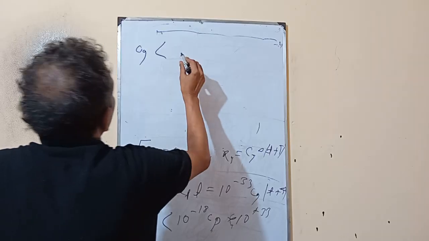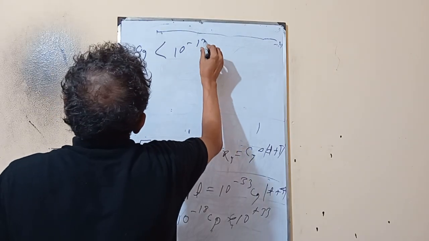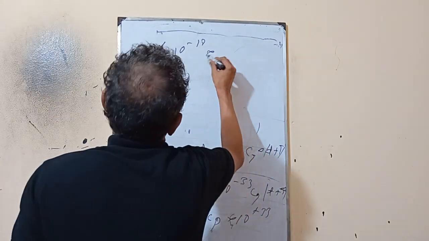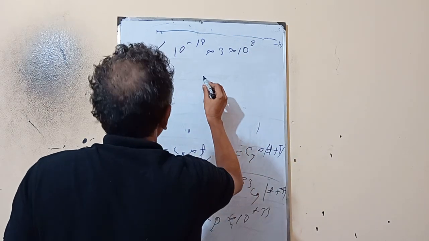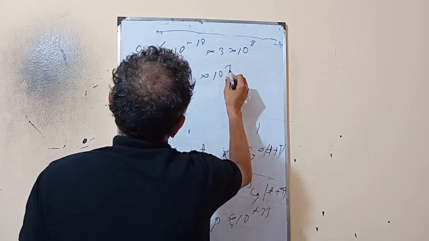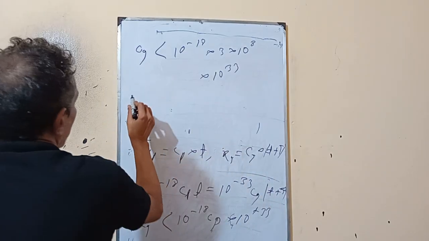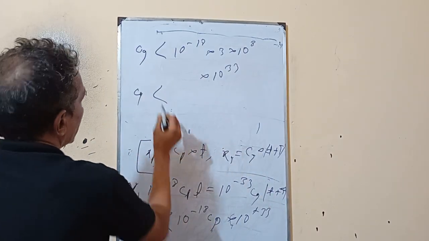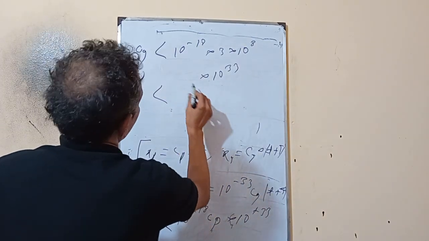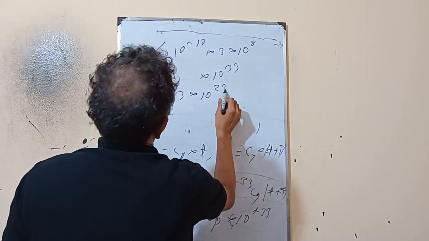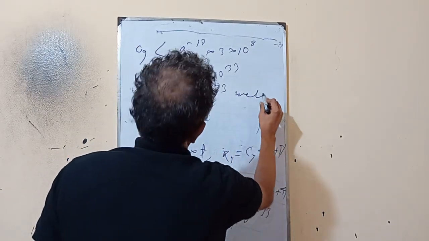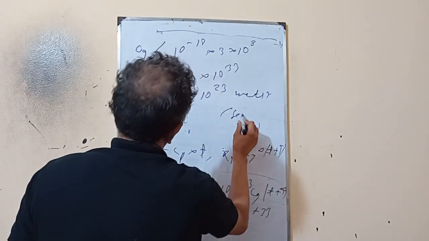That is 10 to the minus 18 into 10 to the 8, and that's it. And C is equal to 3 into 10 to the minus 23 meter per second. Okay.